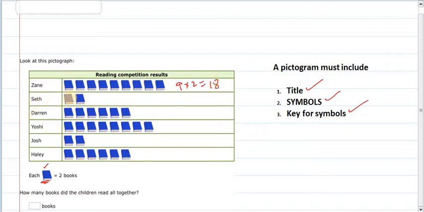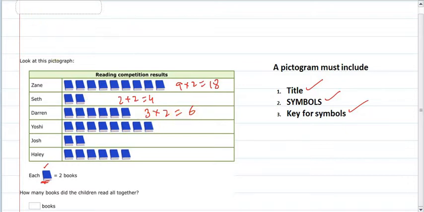For Seth, there are 2 pictures, so 2 times 2, 4 books. For Darren, we have 1, 2, 3 pictures, so 3 times 2 is equal to 6 books.